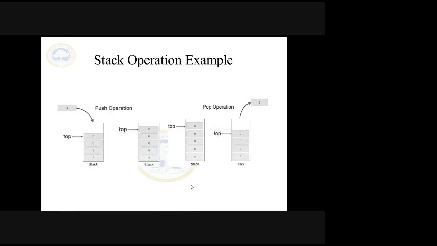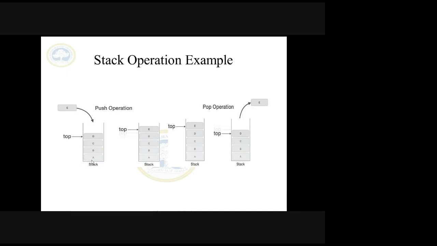Now see this example. We have a stack where we will insert A, B, C, D. Initially the top will be at -1. When you insert, you increment the top: -1 plus 1 becomes 0, so it comes to the 0th position and A is inserted.